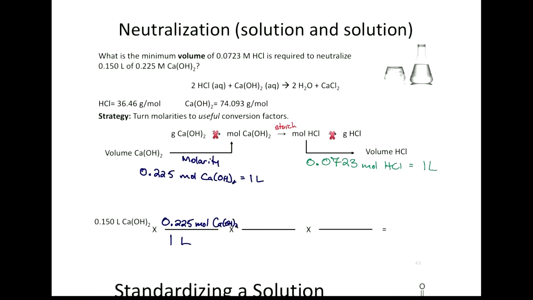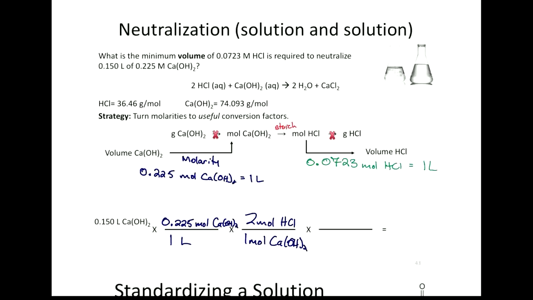Now it's just a different way to get to moles of calcium hydroxide. I'm in moles of calcium hydroxide, so I can still do stoichiometry here. So I still do the 2-to-1 ratio. 1 mole of the base is 2 moles of the acid, based upon the balanced chemical formula.